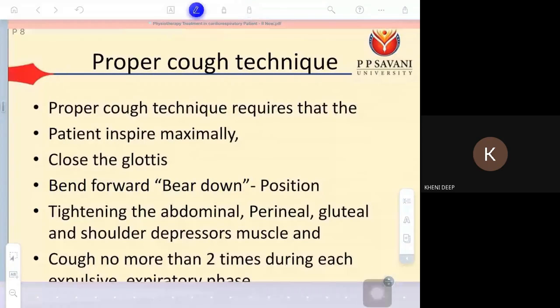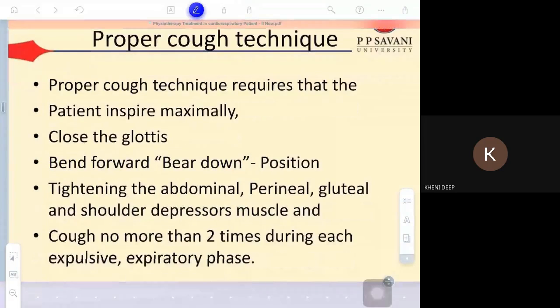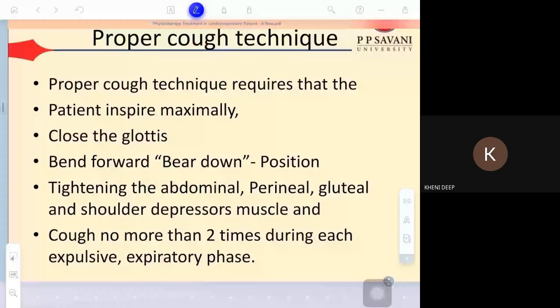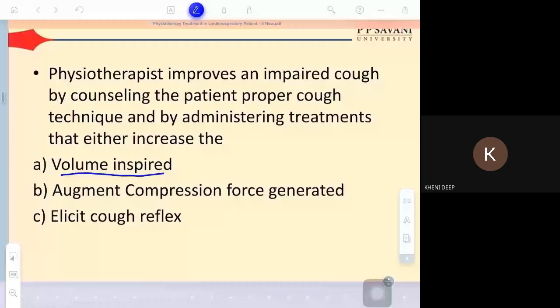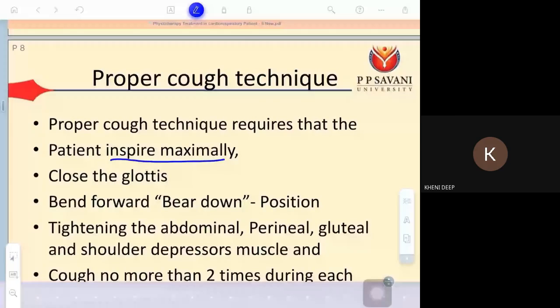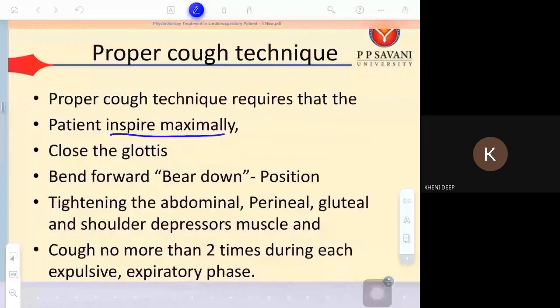So proper cough technique requires the patient to inspire maximally. That is what I have told. Volume inspired. The more he inspires, the more secretion clearance will occur. Clear? So inspiration should be maximum. The amount of air inhaled before coughing determines the level of clearance.